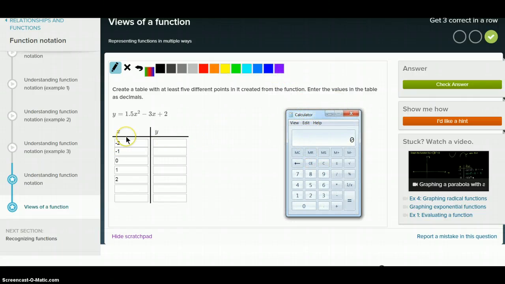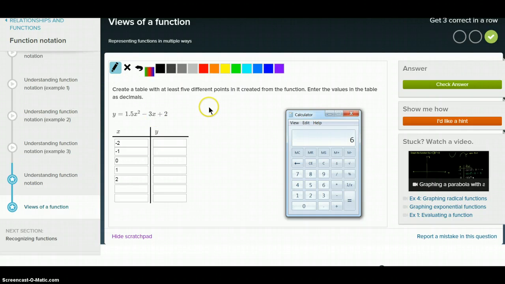If we have negative 2 squared, that's going to be 4. Negative 2 times negative 2 is 4. So let's put 4 times 1.5 is 6.